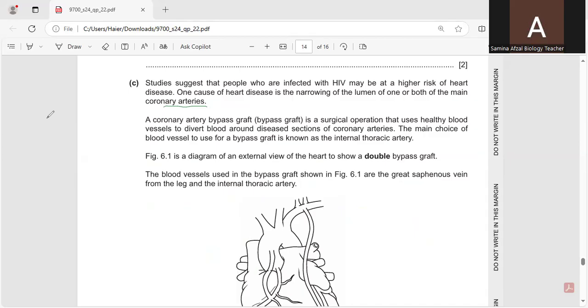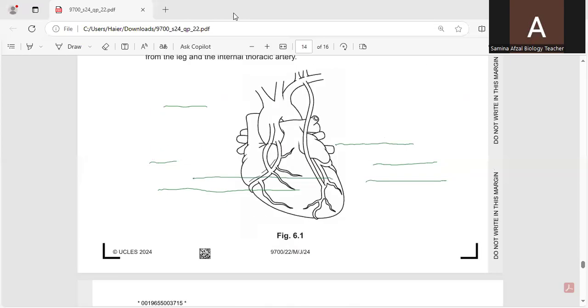The main choice of blood vessel to use for a bypass graft is known as the internal thoracic artery. Figure 6.1 is a diagram of an external view of the heart to show a double bypass graft. The blood vessels used in the bypass graft are the great saphenous vein from the leg and the internal thoracic artery. You can see this in figure 6.1.